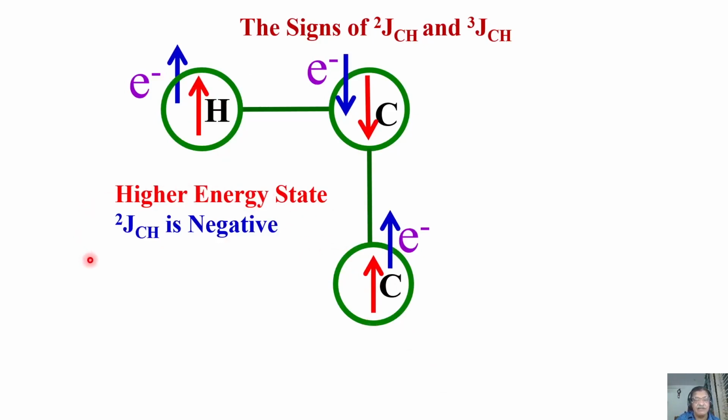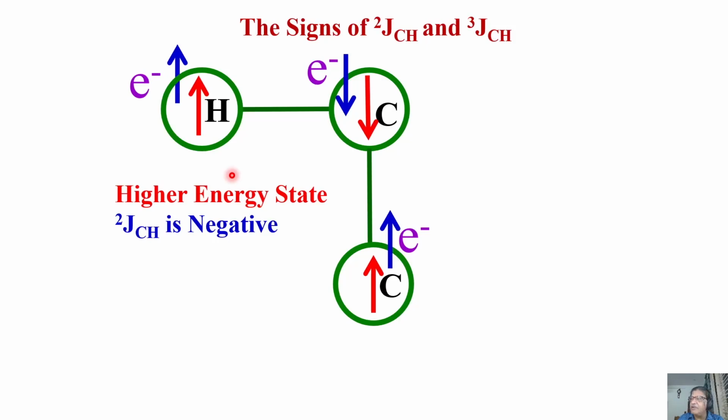As a consequence, we say two-bond JCH is negative. You understand how we get the sign of the coupling? Here we use the Fermi contact interaction, from here to here Pauli pairing, again Fermi contact, from here to here Pauli pairing, again here Fermi contact. Using the simple Dirac model, we found out two-bond JCH is negative.